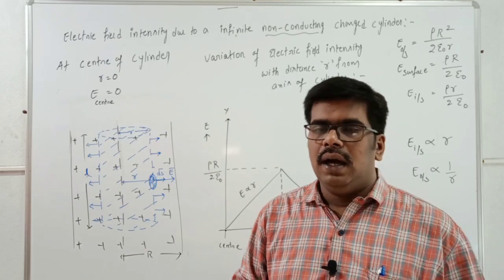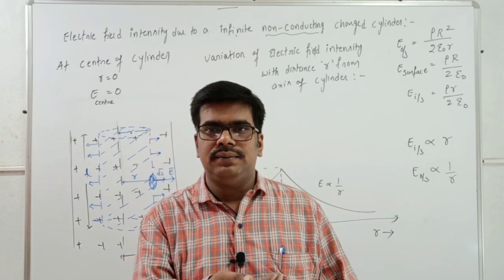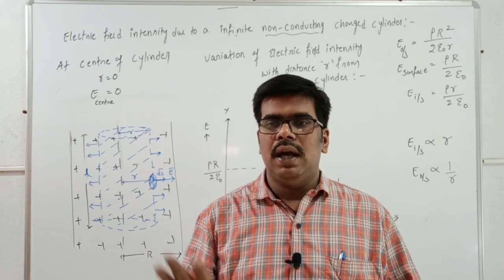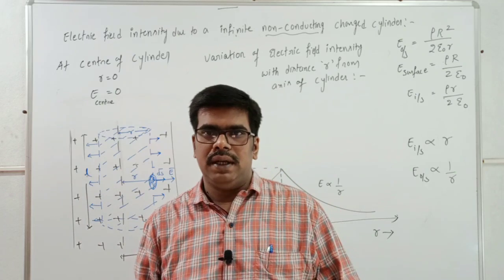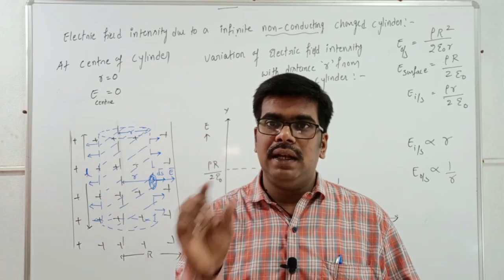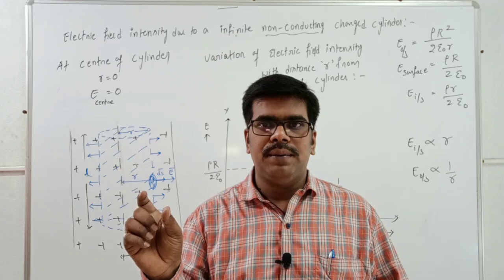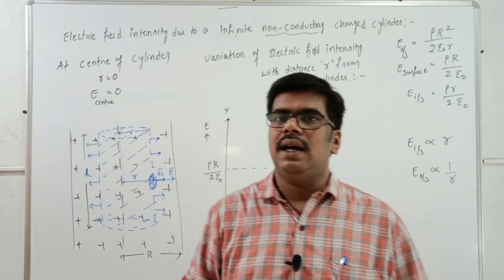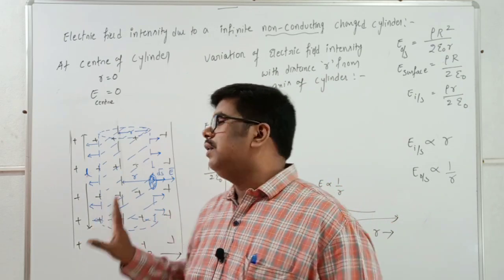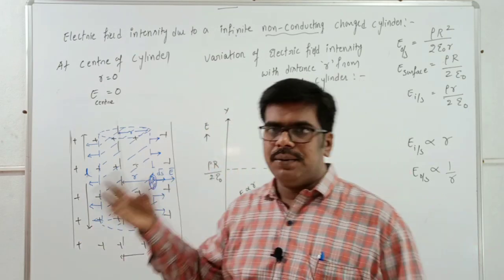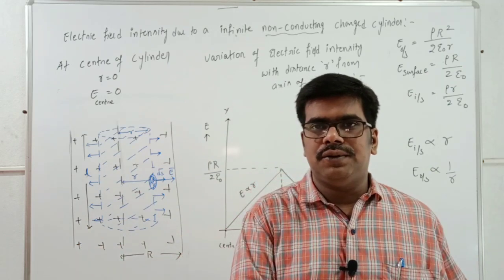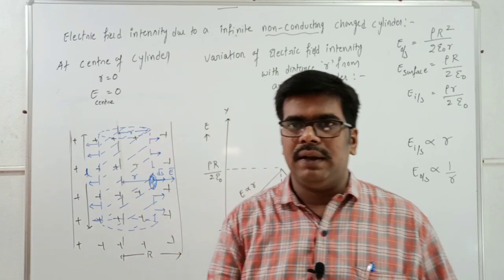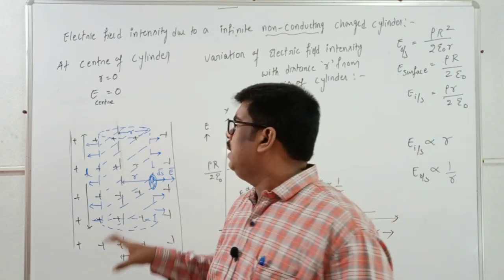Applying Gauss law means we substitute the Gaussian surface area, as well as the net charge enclosed, that is, the charge enclosed by the Gaussian surface we constructed. The third step is the substitution. If you calculate it, ultimately you get the expression for electric field intensity from Gauss law. So that is what we discussed.